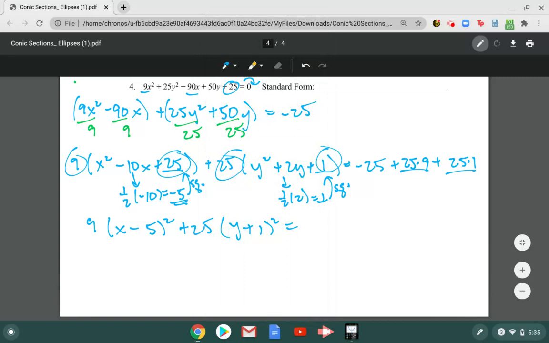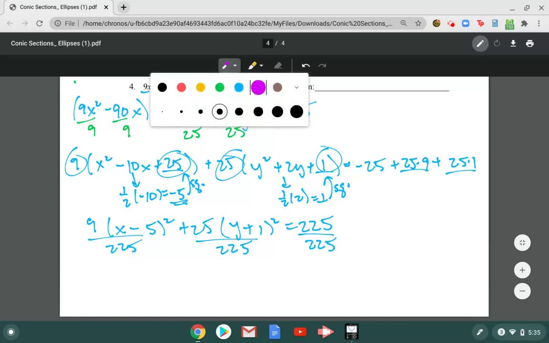Okay, that's kind of nice actually. So equals 225. I'm almost there. I'm so close. I just need to divide everybody by 225 to get 1 on the right.